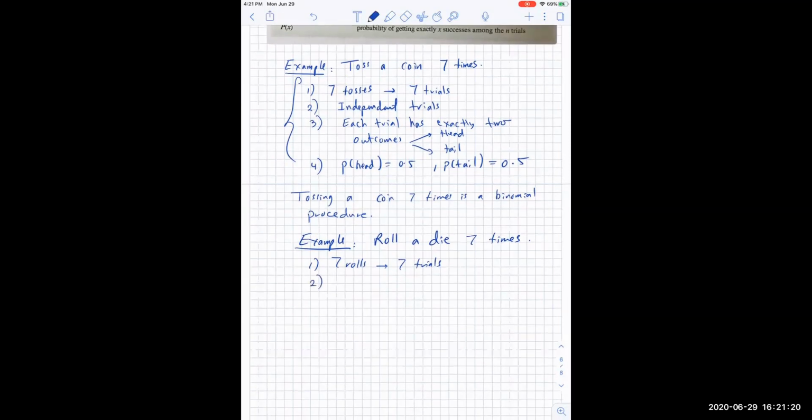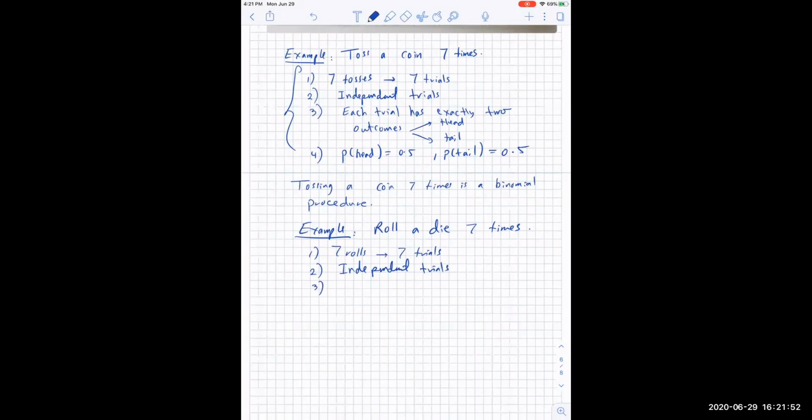And number 2, are the outcomes independent? When I roll a die and I get 5, in the next roll I can get also a new number. There's no dependency here. The outcomes are independent. So therefore, independent trials, no problem. Number 3, each time we roll a die, do we have only 2 outcomes?